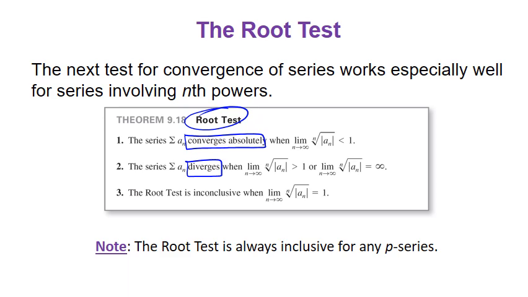It will diverge when this occurs, and then the test will be inconclusive when this is equal to 1. So just use another test if this happens. Anytime you have a p-series, it's always going to be inconclusive, so FYI. All right, so let's take a look at a couple examples.